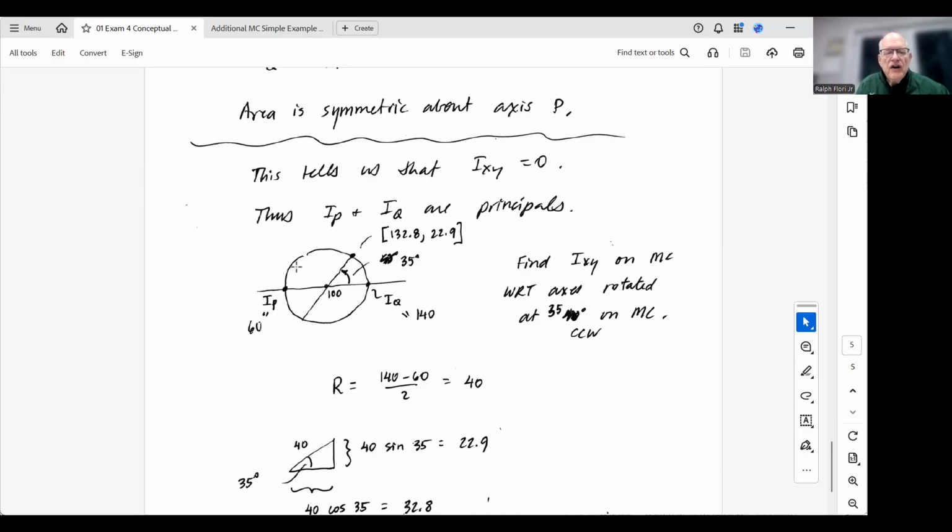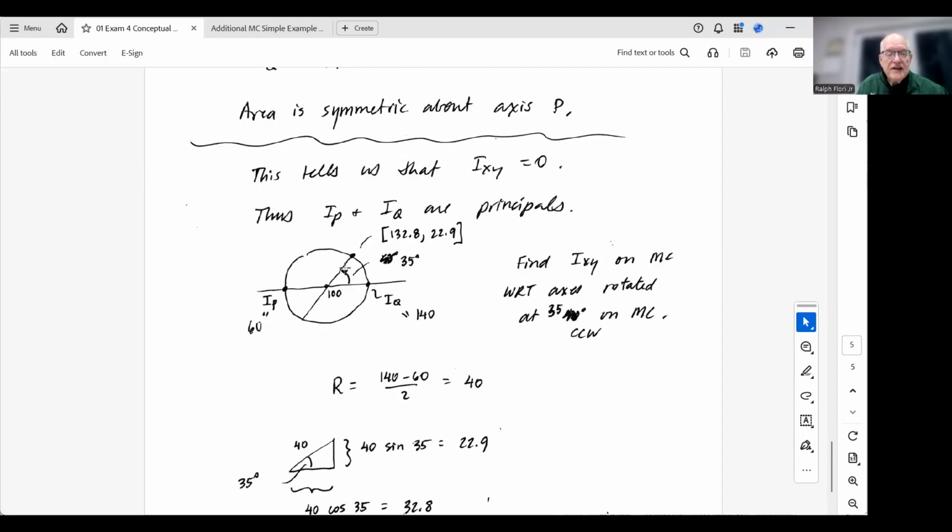And so again, you've drawn this picture now. So you have a circle, you've got an IP, you've got an IQ. It's asking for a product of inertia rotated 35 degrees counterclockwise from IQ. And so you draw 35 degrees counterclockwise.